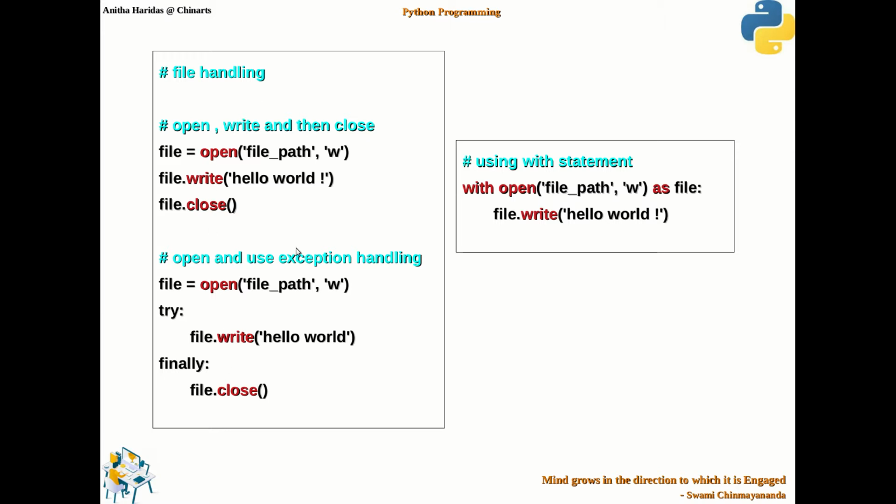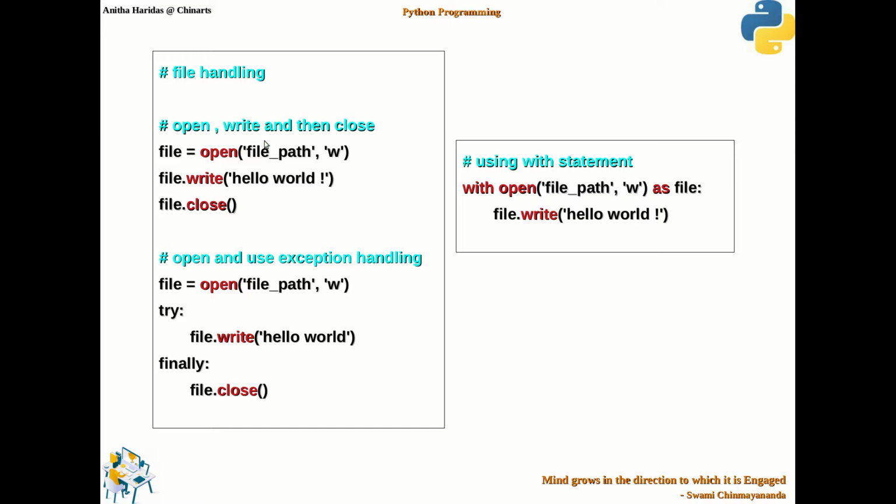But for the same thing, instead of writing like this, you can observe I can use the with statement. So within these two lines, I get the work done. I say with open, I give the file path and the mode as file.